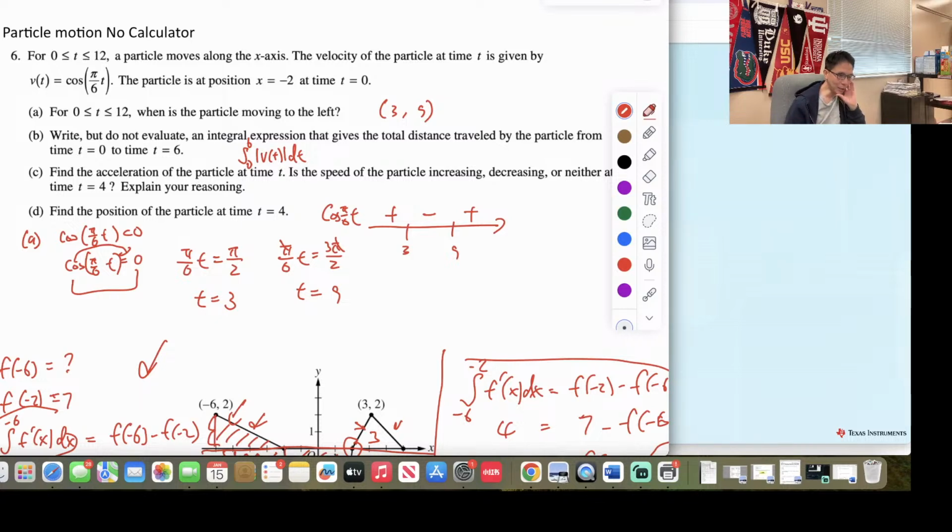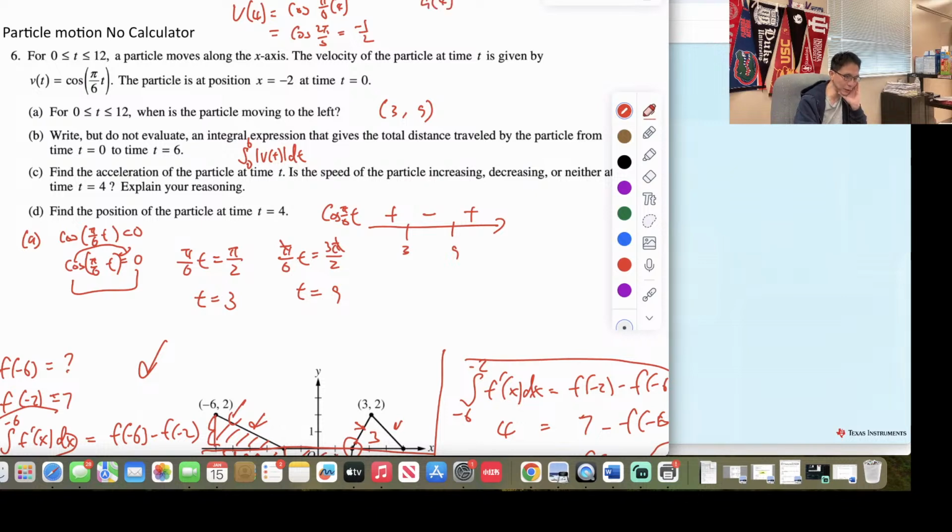Okay, find the acceleration at t equal to 4 and whether the particle's speed is increasing or decreasing. So we basically plug in 4, right? What is cosine of pi over 6 times 4? Cosine of 2 pi over 3, which is negative half, right? What is a of 4?